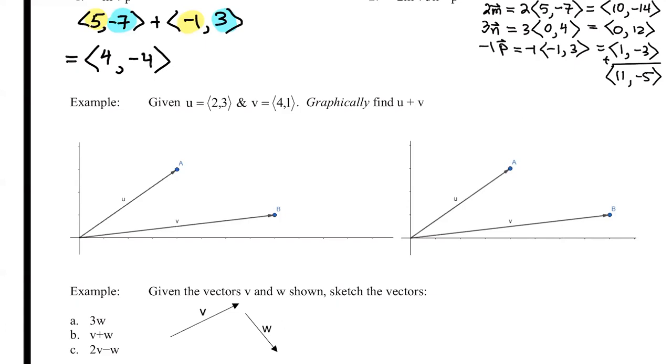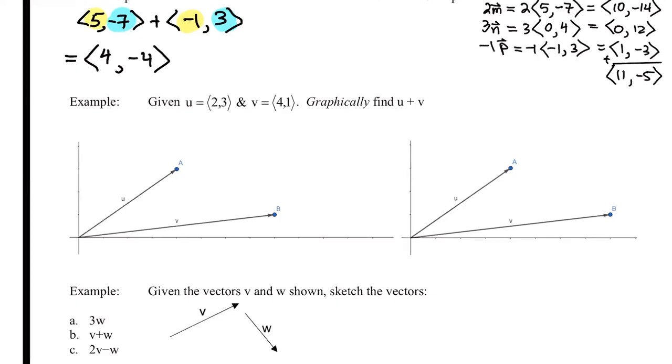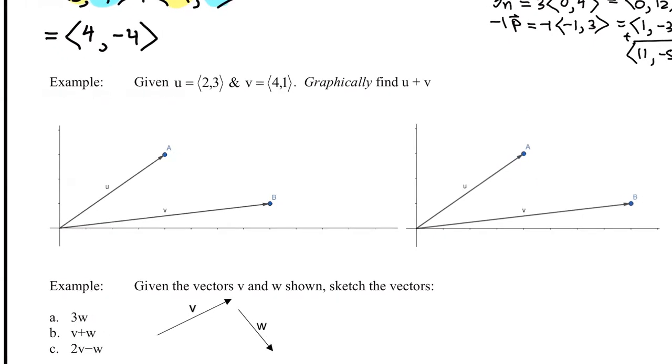So when we're applying the tail to tip method, what we do is we replicate one of the line segments, I'm going to turn off my lasso tool here so I don't have any issues, and drag it so that the tail of that vector is at the tip of the corresponding vector, or the other vector, just to use simpler terms, right?